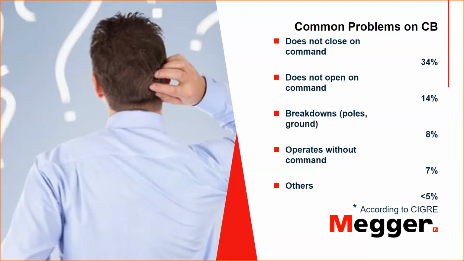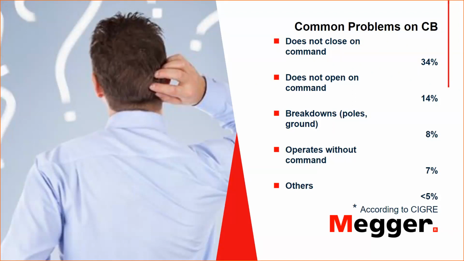Other problems are, for example, breakdowns in insulation media, and the poles or the grounding system itself. So a huge part that we need to focus on is the operating mechanism. There are a lot of mechanical tests that we need to do to make sure that these common problems get decreased.